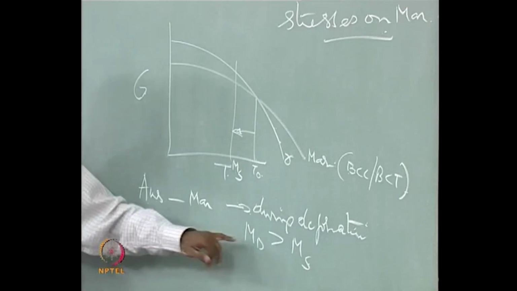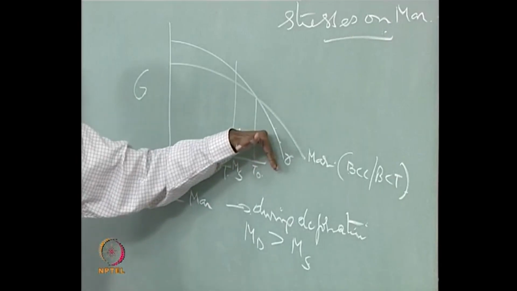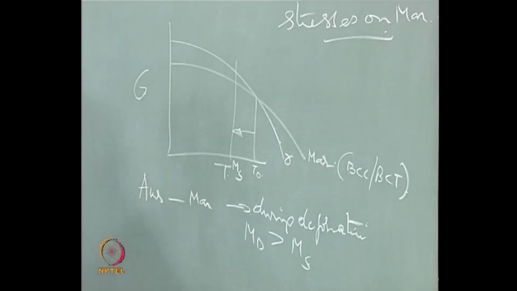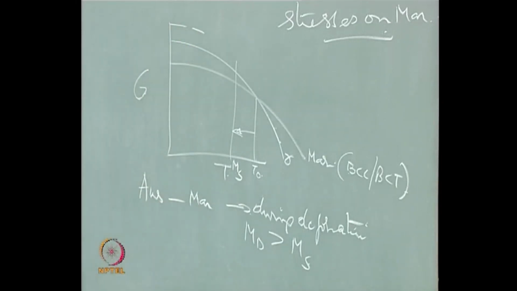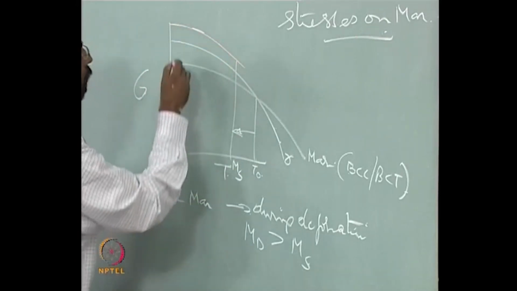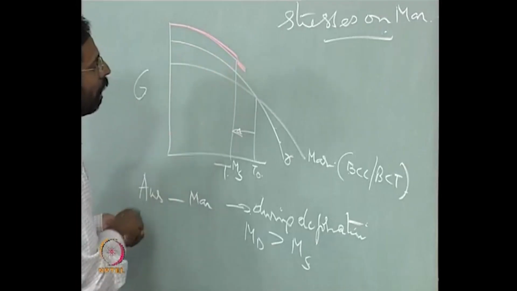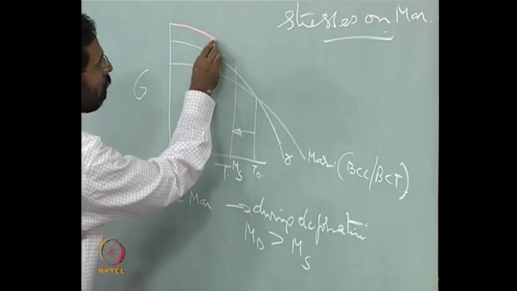The reason is whenever I apply shear stresses inside the material, the gamma, which is the parent phase, will have a higher free energy when compared to the original gamma which is undeformed. A deformed gamma will always have a higher free energy, so let us use a different free energy curve for that.